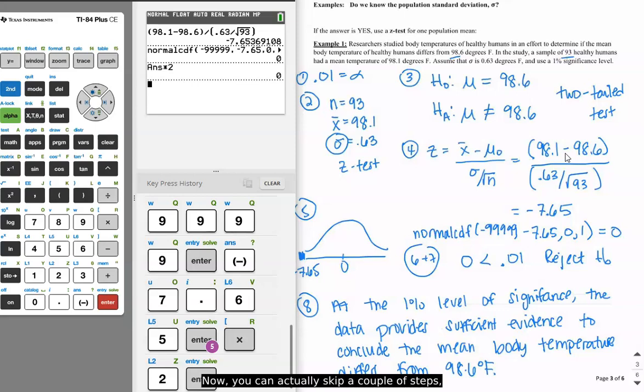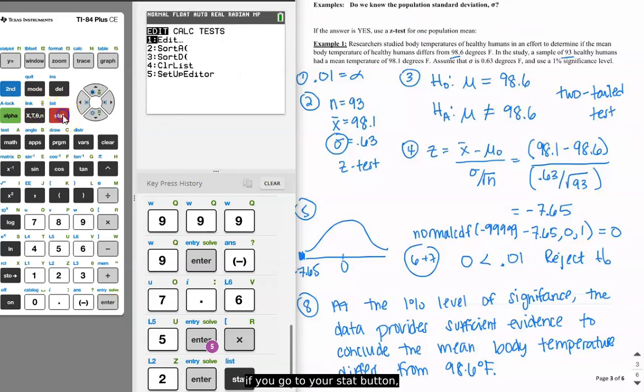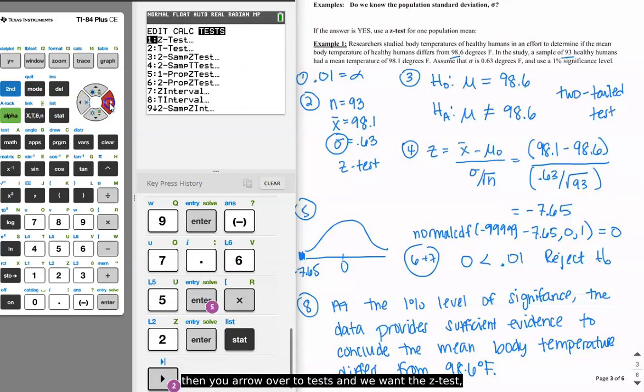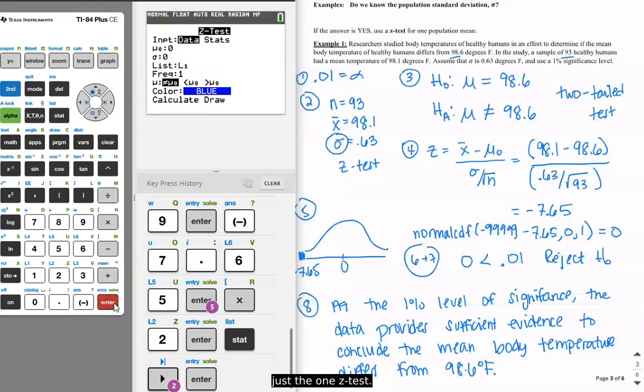Now, you can actually skip a couple of the steps, like step 4 and even a little bit of step 5, and just plug everything into your calculator. So I show you how to do this in case you need little pieces. Maybe you need just the p-value instead of everything. If you go to your stat button and you arrow over to test, we want the z-test, just the one z-test.